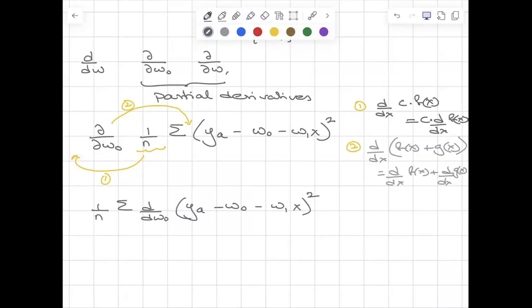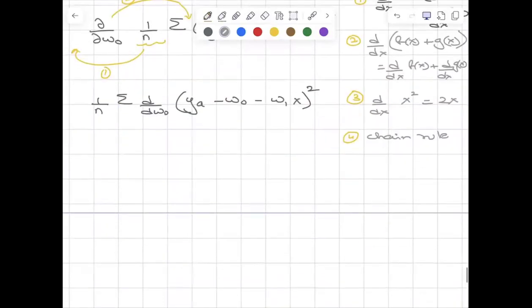Okay, now what I do is something called, so first of all, d by dx of x squared is 2x. And finally, I'll just write chain rule out here. I won't write out the rule because it'll become too complicated.